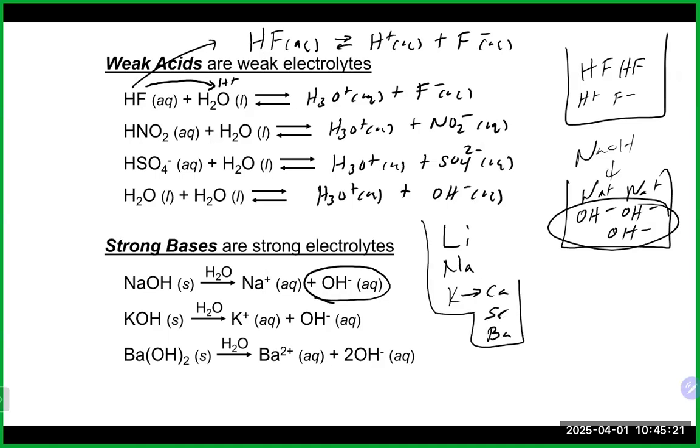Pretty much this 6-pack here with hydroxide is going to make a lot of your strong bases that you can find, again, from group 1 and 2 on the periodic table, which are our alkali metals and our alkaline earth metals. And again, the word alkaline means basic, so that's where a lot of our strong bases really come from. So again, as you can see here, sodium hydroxide, potassium hydroxide, barium hydroxide, considered strong bases.